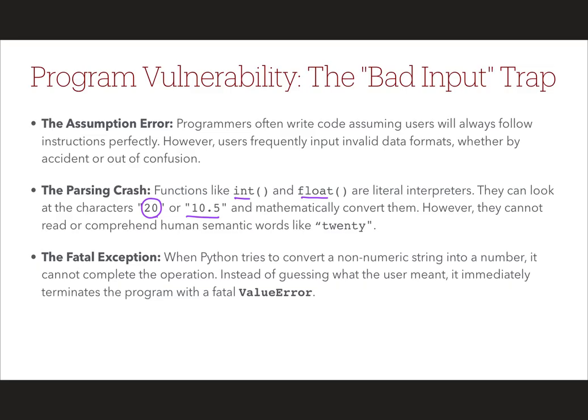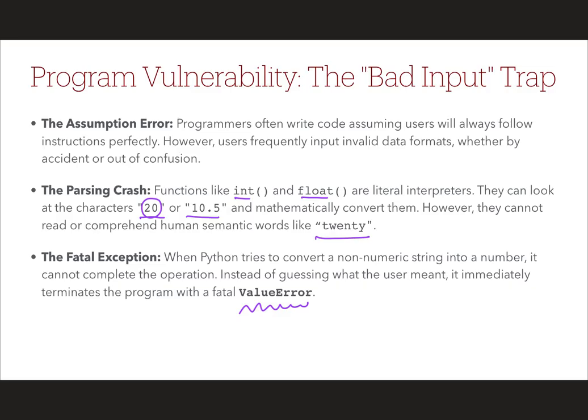But in the case of the int function, it can handle this character string of 20, but it cannot handle an expression like this. The float function is the same. It cannot handle, say, 20.5. Okay? And if such a value is given, Python will complain with some error message.